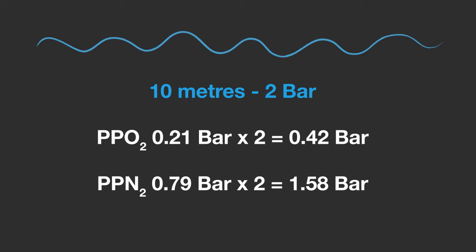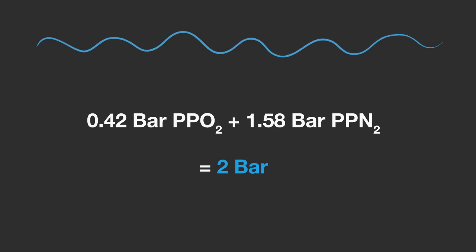And the partial pressure of nitrogen is 0.79 multiplied by 2, which equals 1.58 bars of pressure. If you add them together, 0.42 and 1.58, you get 2 bars, and that's the total pressure.